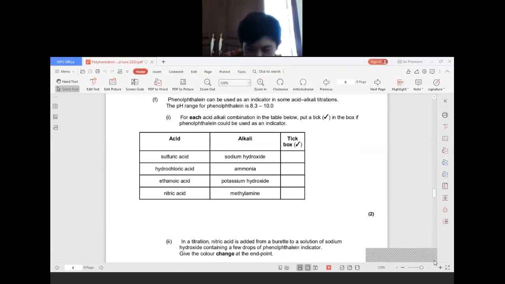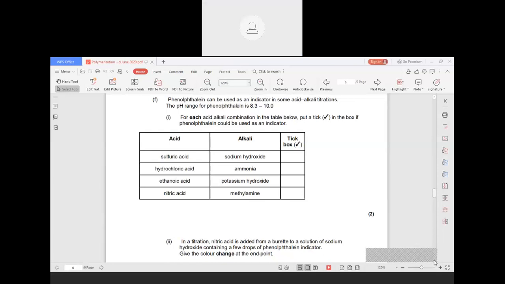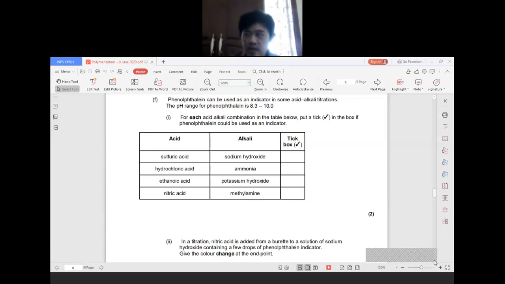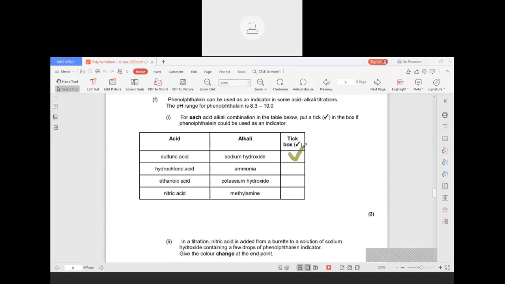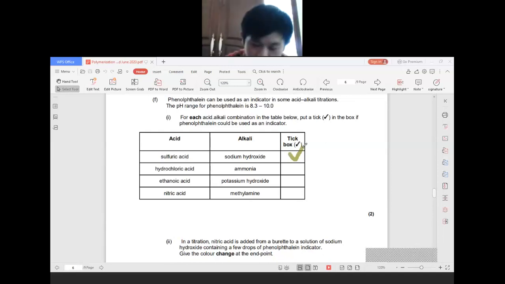Do you still remember about strong acid, strong alkali, strong acid, weak alkali, weak acid, strong alkali, and weak acid, weak alkali? This one, sulfuric acid and sodium hydroxide, is strong acid and strong alkali, so it can be used. Yes, it can. And then strong acid and weak alkali.